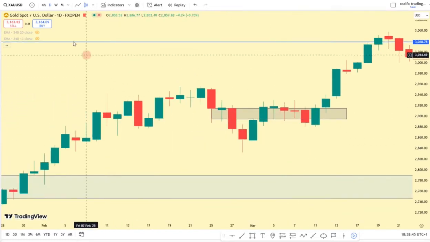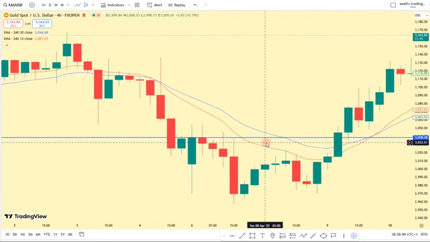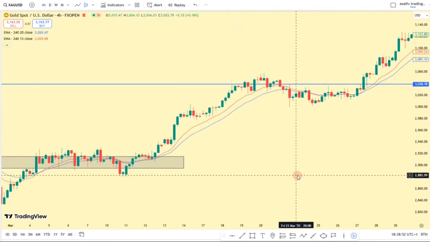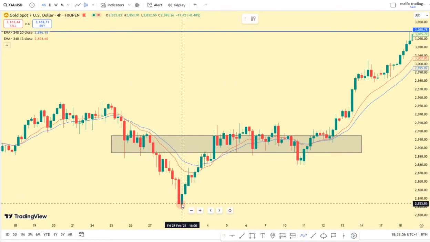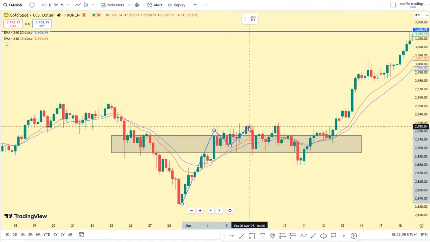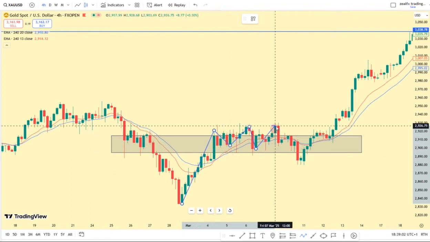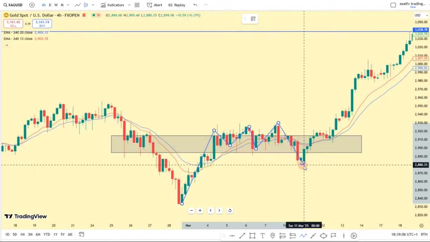We need to go to our 4-hour chart to look for an area of entry to reduce our risk. On the 4-hour chart, we have this lower low. Then price creates a sideways trend for some period of time. Then price breaks the low of this sideways trend, which shows a sign of price pushing higher.